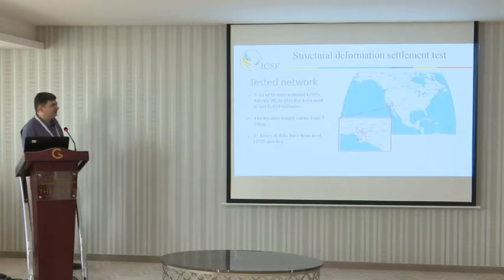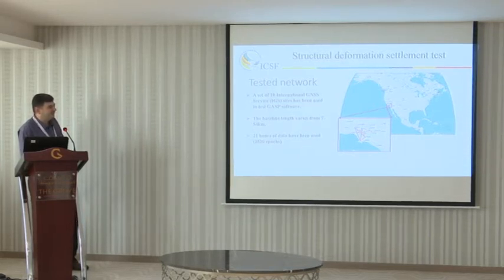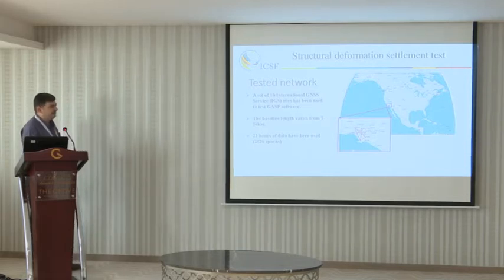For our test, we chose a network in California in the USA. We chose this one because we couldn't find very close stations apart from America over there. We used 10 stations over there, as you see here, and they form a network with baselines starting from 7 to 54 kilometers.